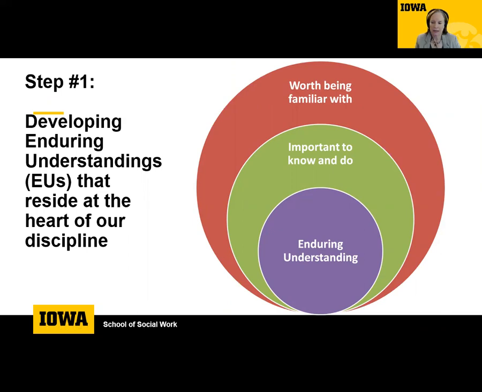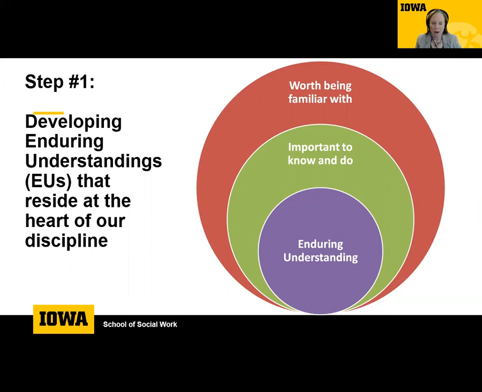And enduring understandings summarize the important ideas and core processes that reside at the heart of the discipline and have lasting value beyond the classroom. So these enduring understandings synthesize what students should understand, not just what they should know content-wise or be able to do, but what they should understand as a result of studying a particular content area.